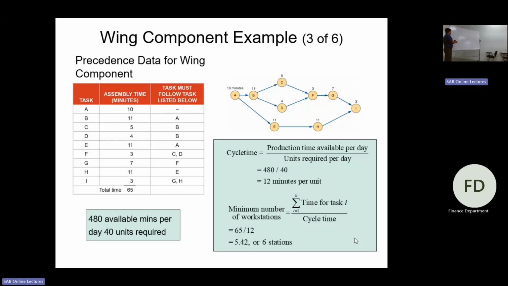For task A, we need 10 minutes, so we have 2 minutes remaining at workstation 1. Now, can we accommodate any task here within the remaining minutes?